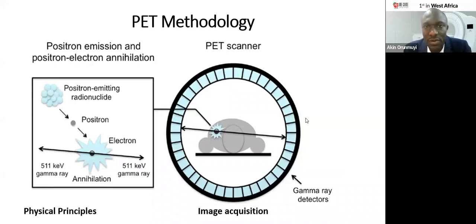The positron travels a short distance before it releases the photon. Because of that short distance, it affects the sensitivity of PET imaging, but the resolution is somewhere between 0.2 millimeters to objects smaller than that, maybe 2.4 millimeters. So it's a very sensitive and advanced technology that we use. Next slide, please.